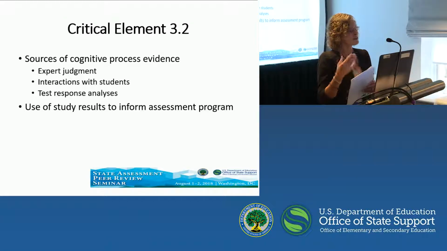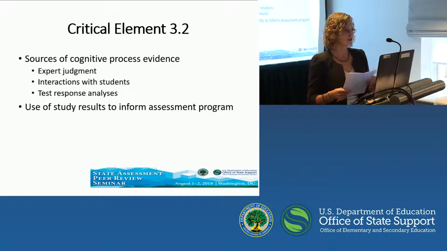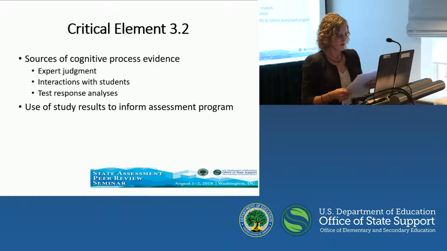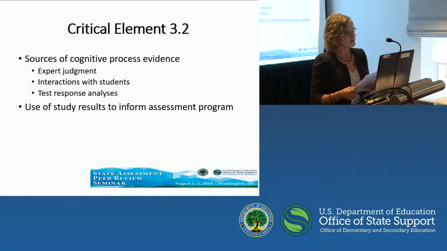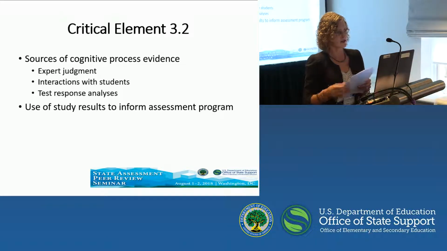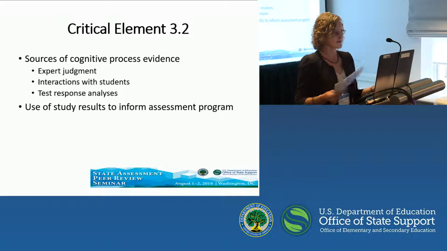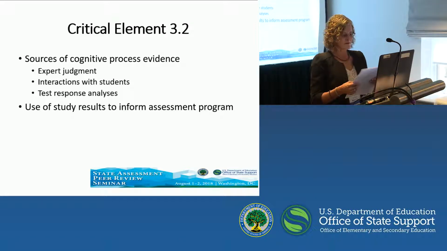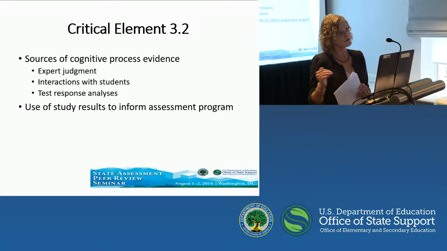The guidance does describe 3 suggestions for supplying evidence for this critical element. The gold standard is cognitive labs, but they are both expensive and difficult for a myriad of reasons. The ones I have seen as a peer reviewer have been very brief, meaning few students and few items.